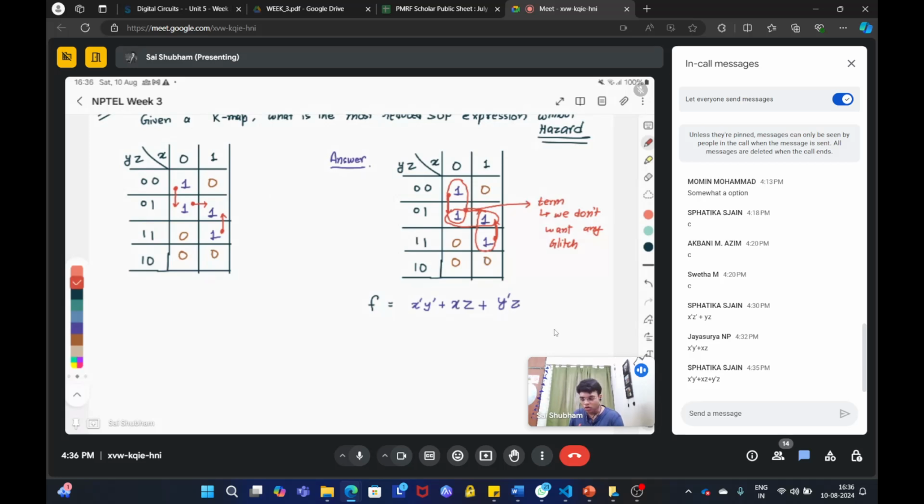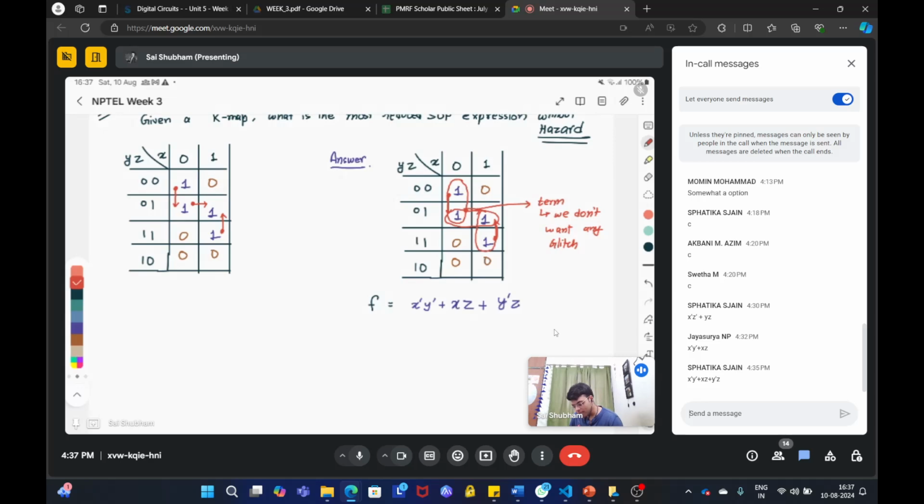So you do not want glitch in those kinds of systems. There you are not really focused on a simplified boolean expression. You are more concerned that no matter what happens, no matter any kind of signal fluctuation, there should be no false alarm. So there we deliberately add extra terms so that there is no glitch.